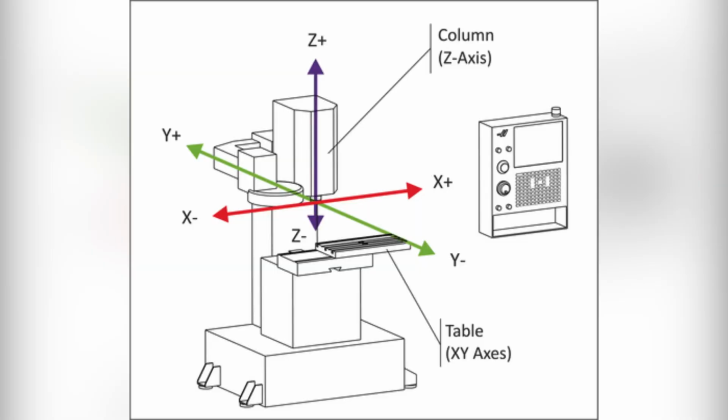The cutter is rotated at a high speed while the workpiece is fed slowly through it. Depending on the type of milling machine utilized, the workpiece can be supplied in several directions, such as vertical, longitudinal, or cross. This is the X-axis, Y-axis, and Z-axis.